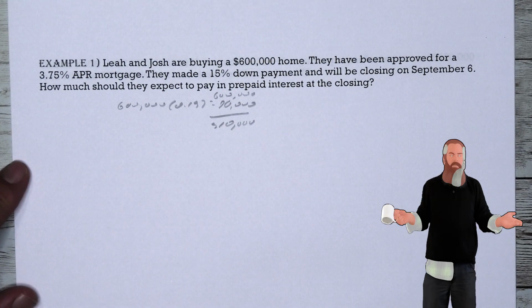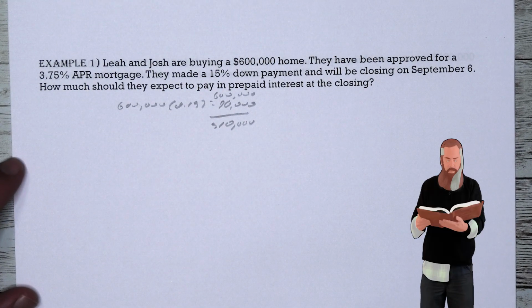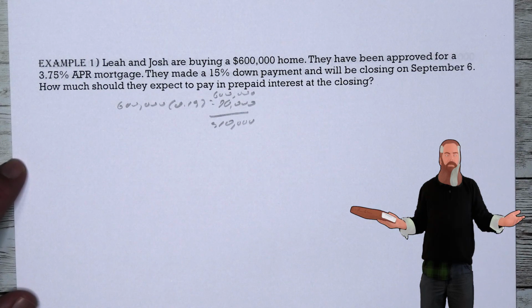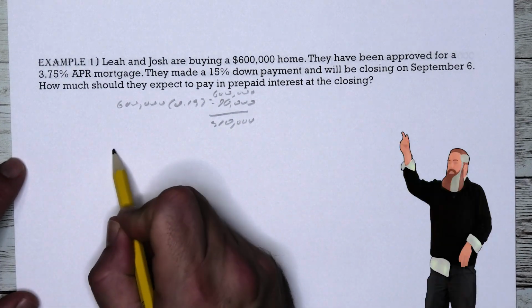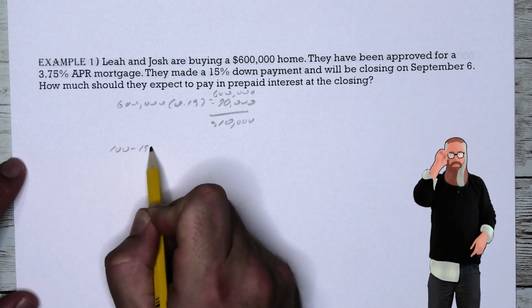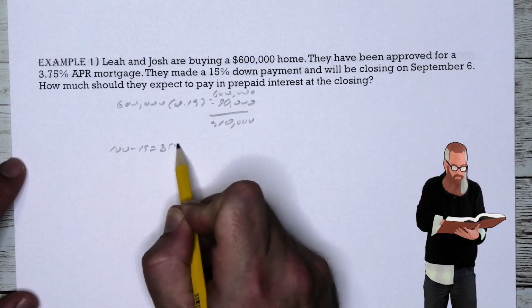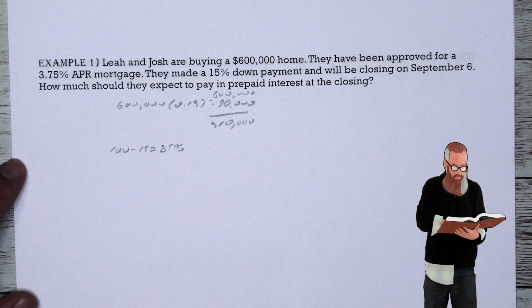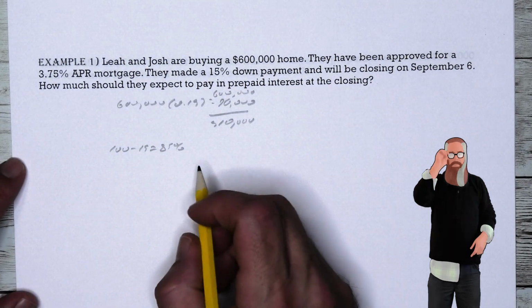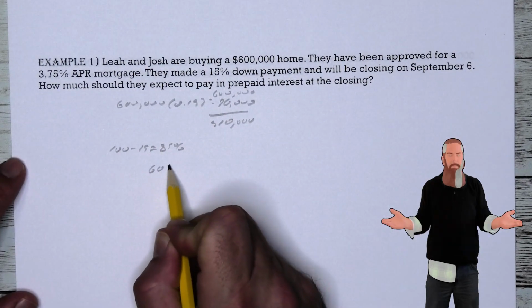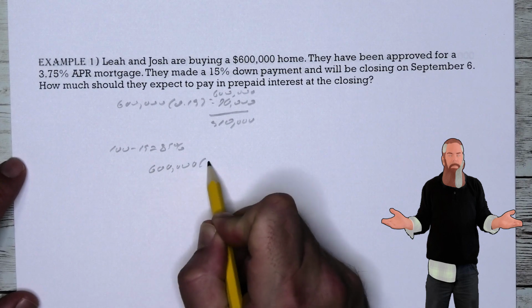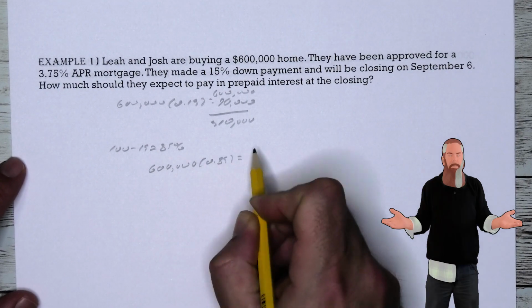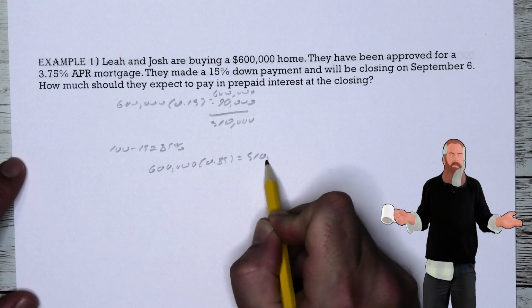Alternatively, we can calculate the loan amount by recognizing that 15% of the purchase price was the down payment. Therefore, if we subtract 15% from 100%, we wind up with 85% remaining. Multiply the purchase price of the house by that 85%, so we have $600,000 times 0.85 to get $510,000.